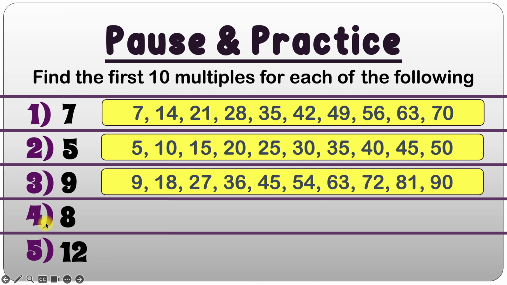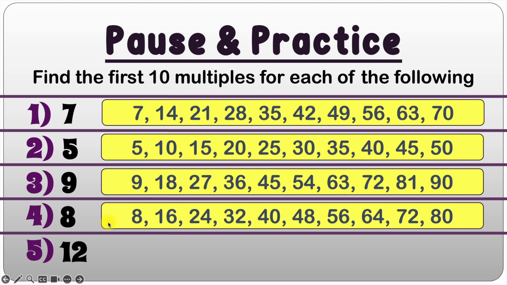Number 4. The first 10 multiples of 8 are 8, 16, 24, 32, 40, 48, 56, 64, 72, and 80.